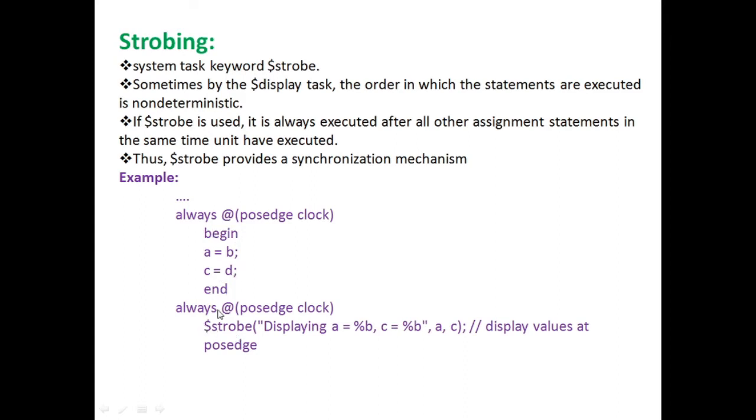Of course, they start execution at the 0 simulation time onwards only, but it is not always sure that this one will be executed first and the next always block is executed last. There is no such thing here. So sometimes, if I have kept $display instead of $strobe, and by mistake this second always block is executed first, what happens?